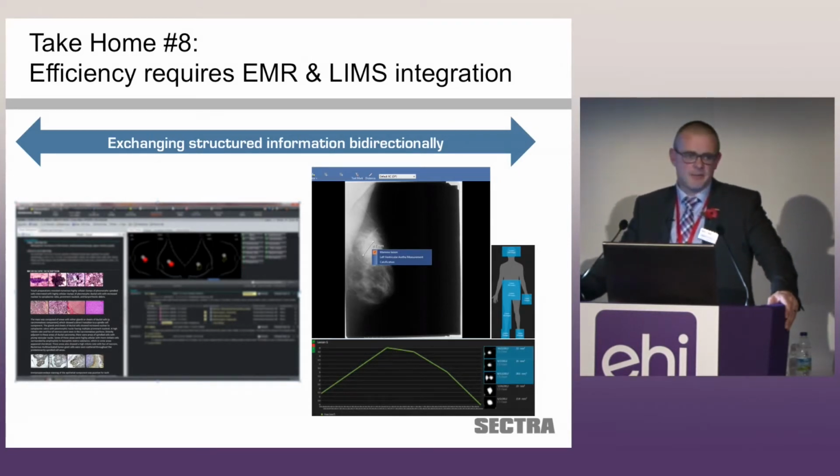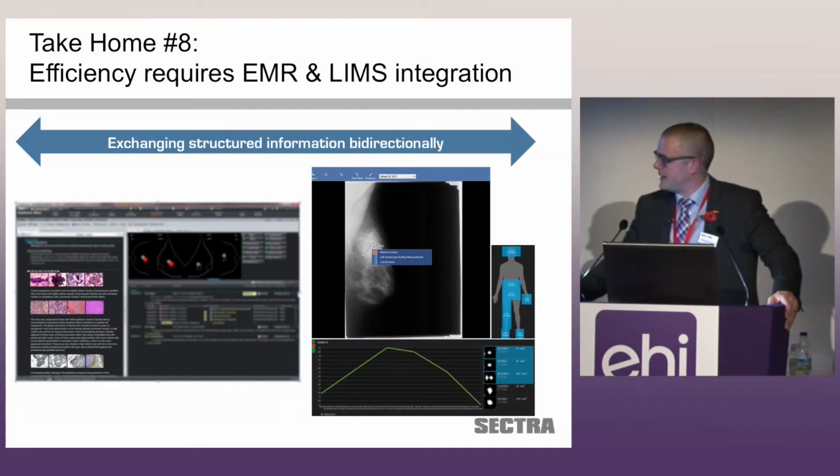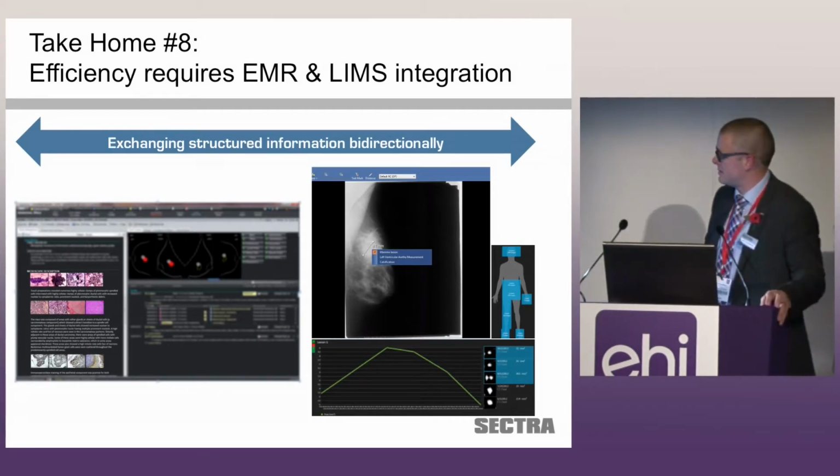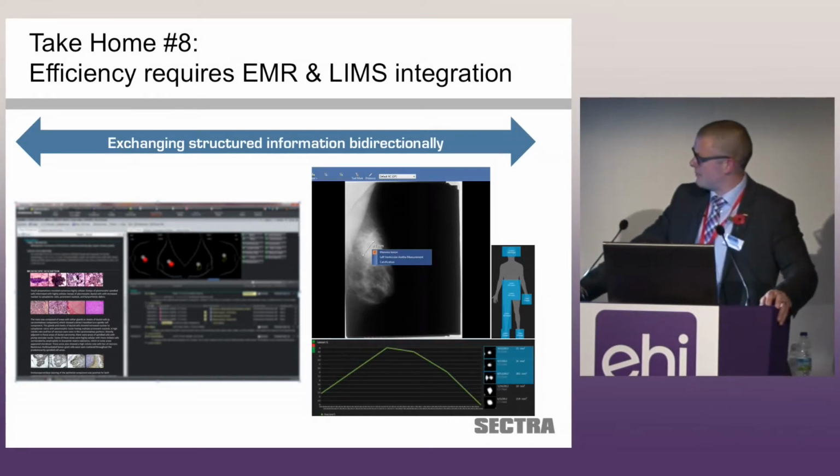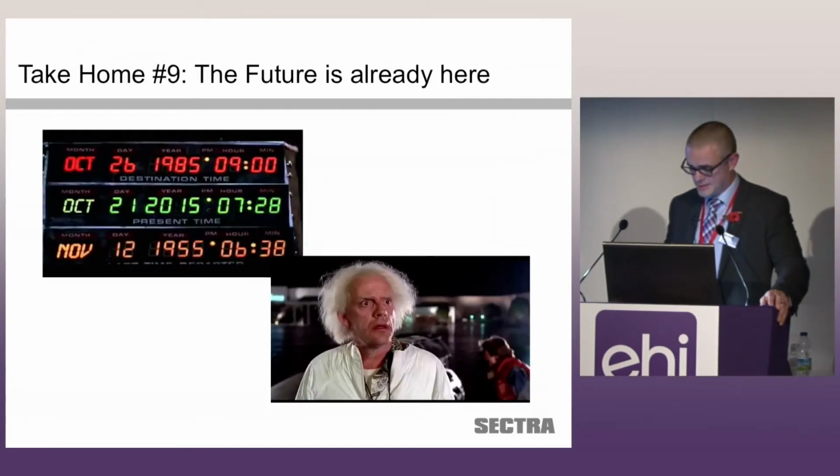So please, whichever solution you go for, make sure it has the experience of linking in with those EPRs, LIMS systems, RIS systems, etc. Very important to make sure that the information gets to the right people at the right time. And of course, where we can integrate using standards, then the cost of those integrations is driven right down. Efficiency is improved, and ultimately patient care is improved.